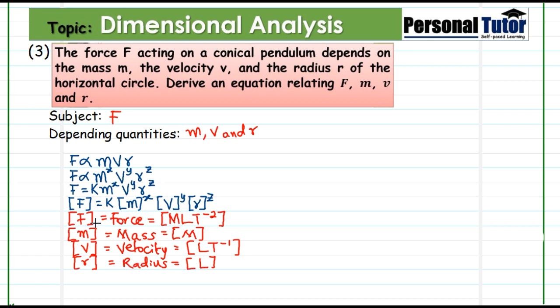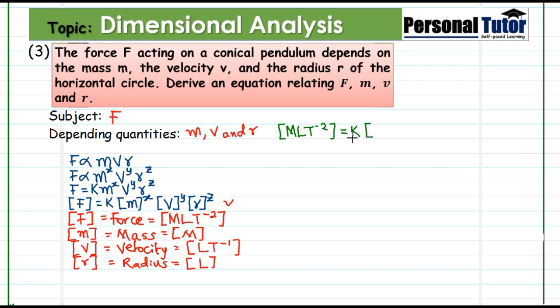Now with this expanded, let's substitute that into the main equation, and I mean this equation. So for the place of F, we'll have M L T minus 2 in a square bracket equals k.